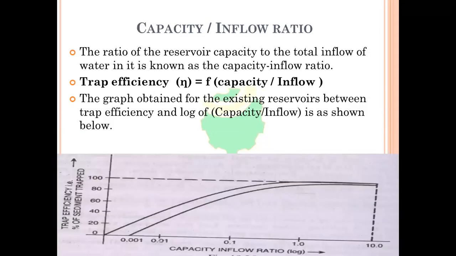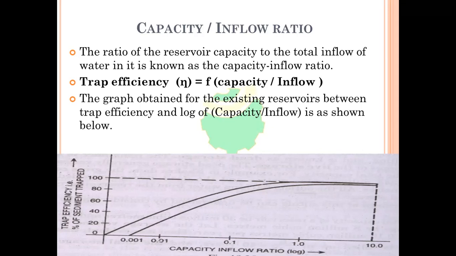What is the capacity inflow ratio? Life of reservoir depends on trap efficiency, and trap efficiency depends on the capacity inflow ratio. The ratio of the reservoir capacity to the total inflow of water into it is known as the capacity inflow ratio.